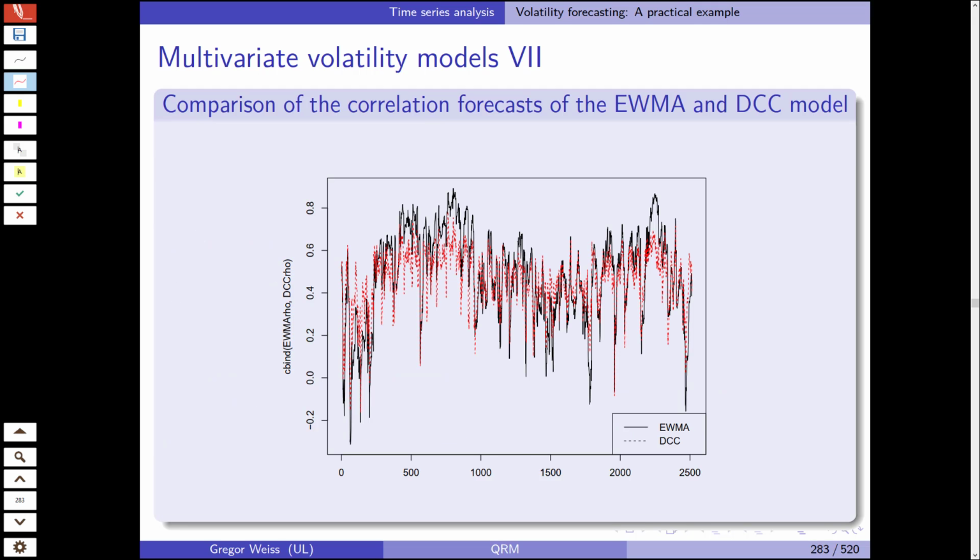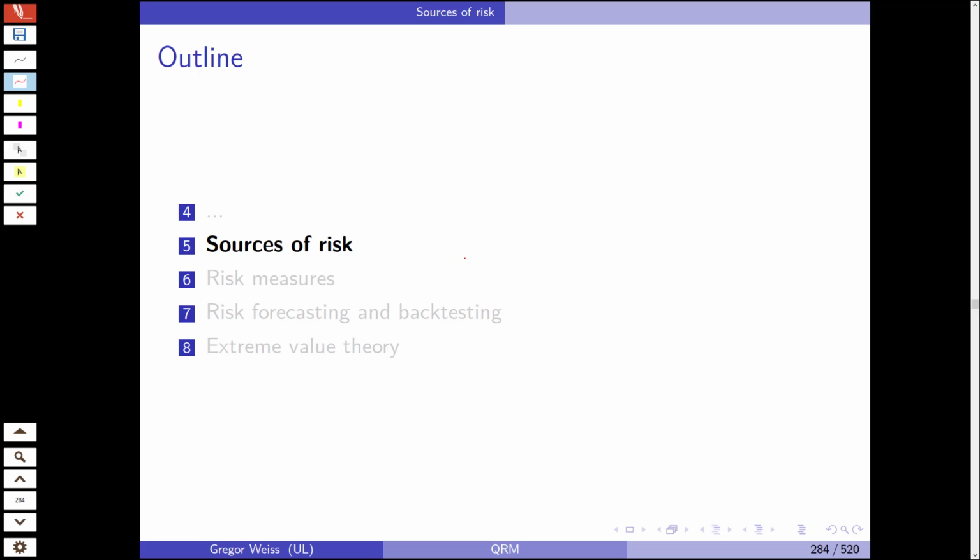in, I think, the red line, these are the estimated conditional correlations from the DCC model compared to the conditional correlations of the exponentially weighted moving average model. They are close, not exactly the same at all points. And then you would need, again, model diagnostics to see which model fits the data best. Okay.